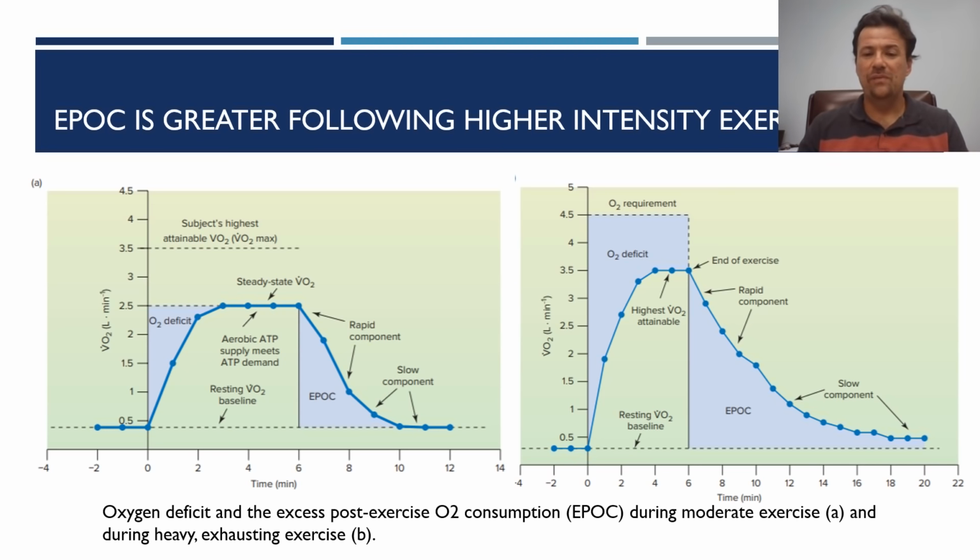And so actually the HIIT workout, which has a greater EPOC and therefore uses more calories in the short term, might not actually match, say, a steady state exercise program where you exercise for an hour. So there are many things to consider when you're determining which exercise you want to engage in. But it is a fact, as you can see from this graph, that high intensity exercise produces a greater EPOC than steady state exercise.